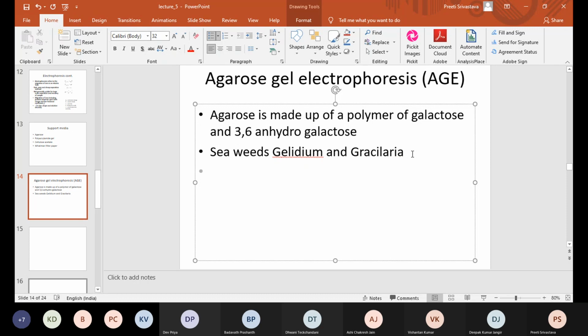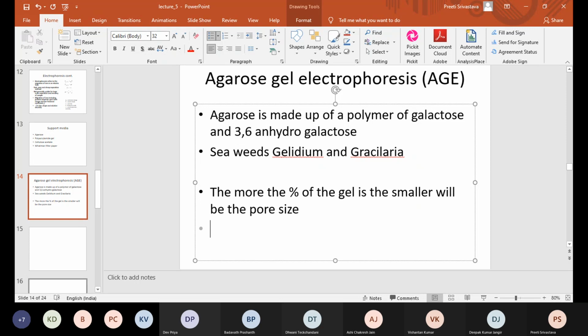This particular gel comes in the form of a powder, and you can just weigh the powder and then create gels of varying percentages. The higher the gel percentage, the smaller will be the pore size.